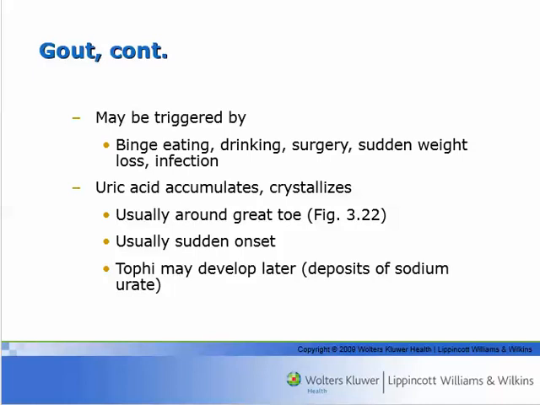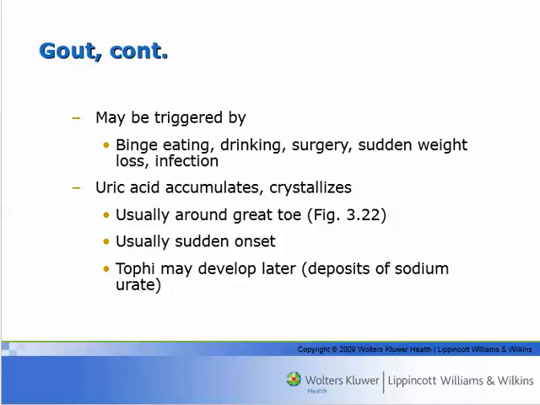So the uric acid accumulates, and when it gets to a certain point, it starts to crystallize, especially around what's called the tophus. I don't know if you ever did the science experiment where you hang a little crystal of salt on a thread in salt water and then grow crystals on it, and it's the same sort of thing.